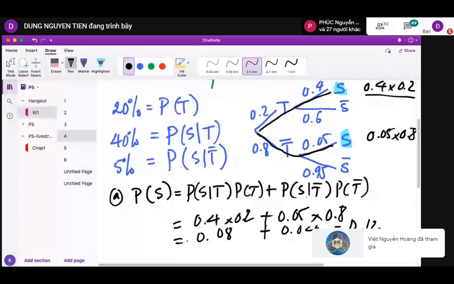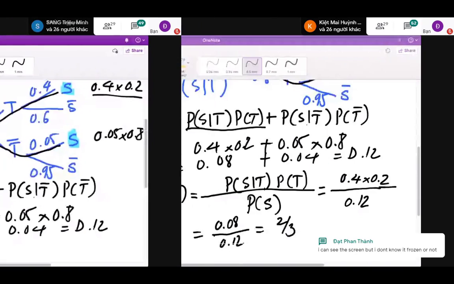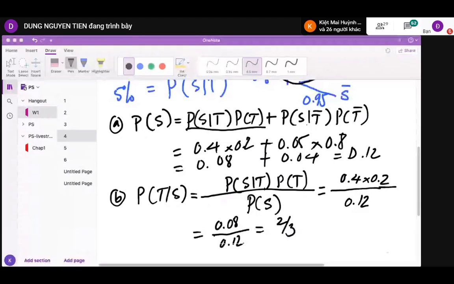I don't know. Let me stop and share this window again. Because I already gave you the solution of the second part. Do you see the probability of T given S? Okay, so that's what I gave you. Good. I think it's better now.